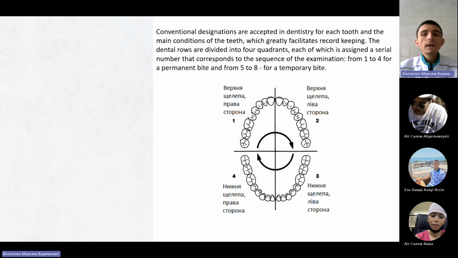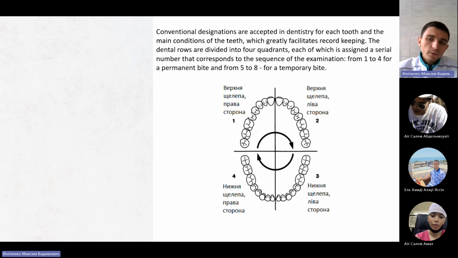So here is the upper jaw from the right side. So it has number 1. The left side has number 2, so it will be teeth number 21, 22, 23, 28. So it is number 2. As a clock, so we could say that there is a clock. 1 is the first quadrant, 2 is the second quadrant, number 3 segment, and number 4 segment.